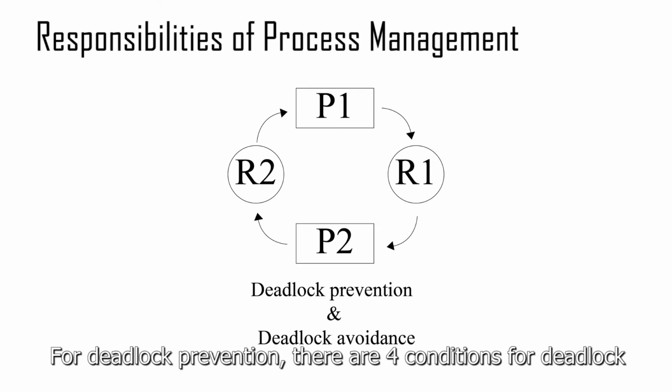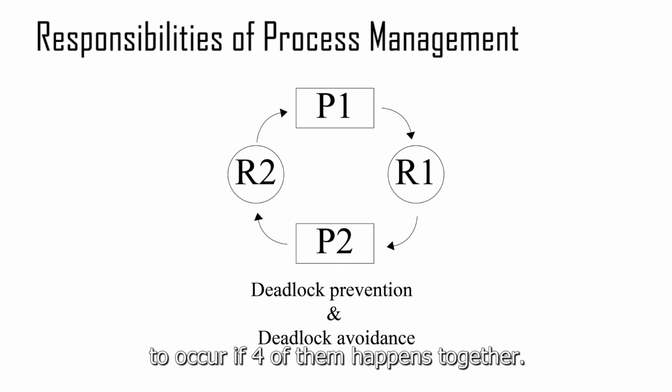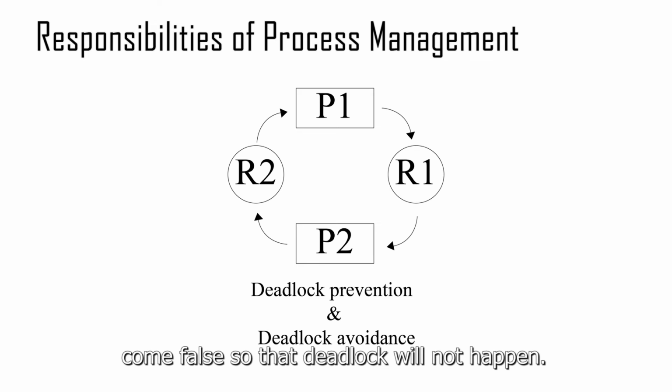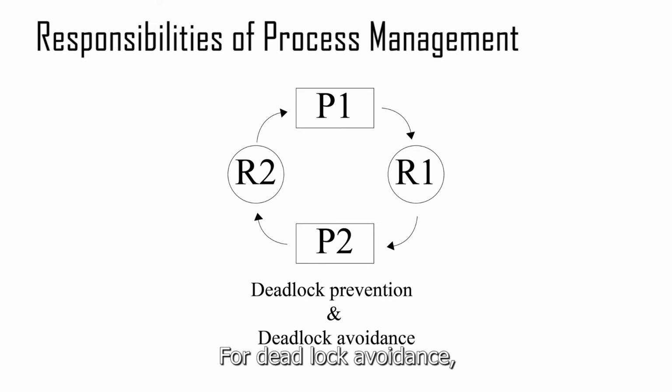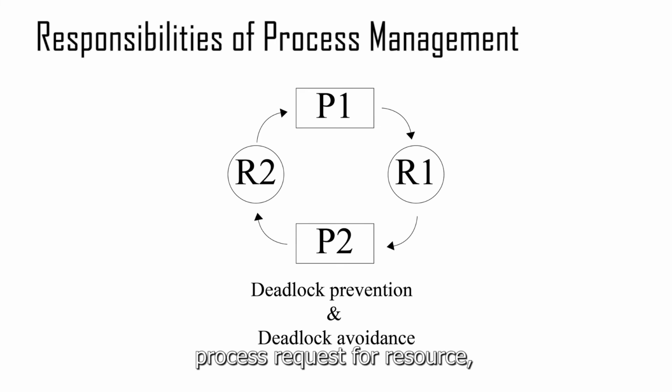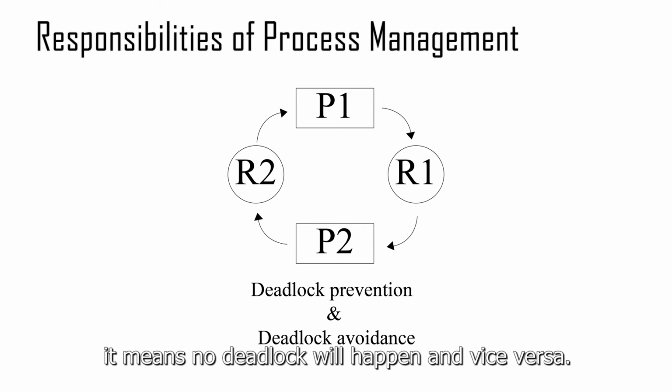For deadlock prevention, there are 4 conditions for deadlock to occur, if all 4 of them happen together. Deadlock prevention is to make sure at least one of them does not hold so that deadlock will not happen. For deadlock avoidance, it checks the state of a process whenever the process requests a resource. If the state is safe, it means no deadlock will happen, and vice versa.